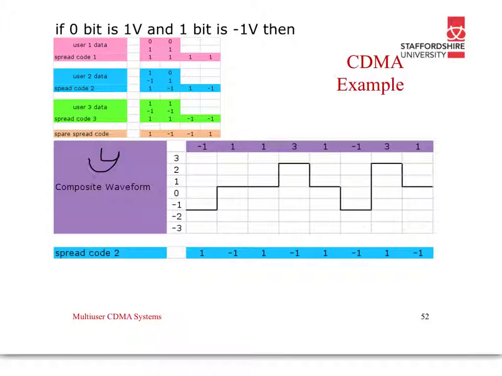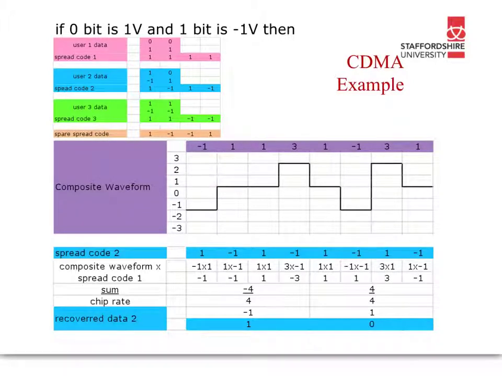And minus 1 times 1 is minus 1. So then we have minus 1, minus 1, which is minus 2, plus 1, which is minus 1, minus 3 gives us minus 4. Minus 4 over the spreading gain, 4, is minus 1. Minus 1 represents a bit 1, so the transmitted data is 1, and it was in fact 1.